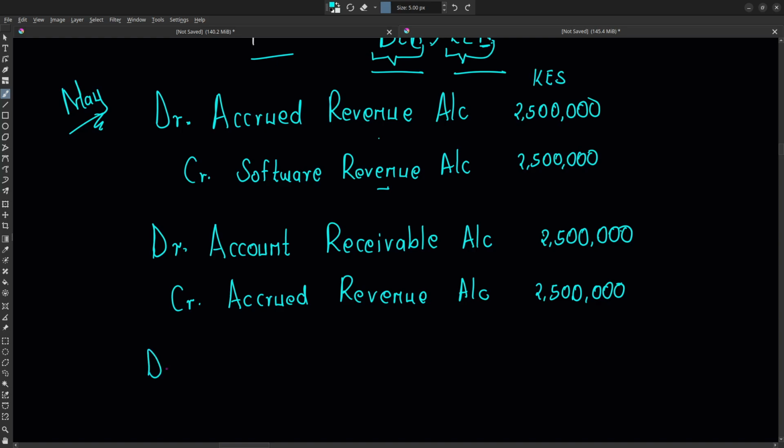When they pay us, there's going to be a cash inflow into our account. So we are going to debit our cash account. Remember, cash account is also an asset account, and to increase it, you debit that account.